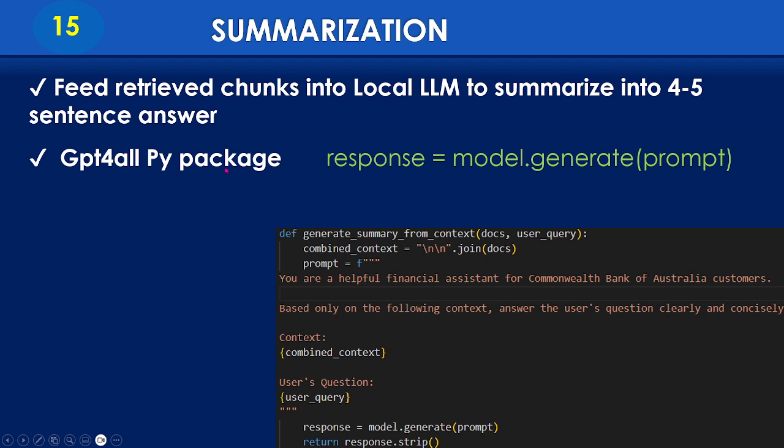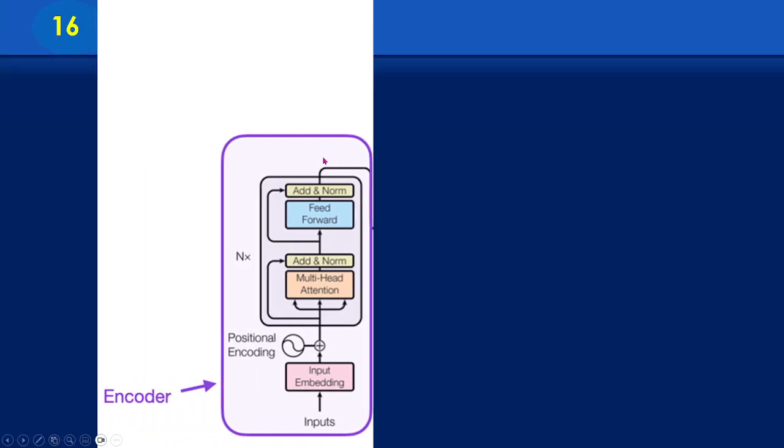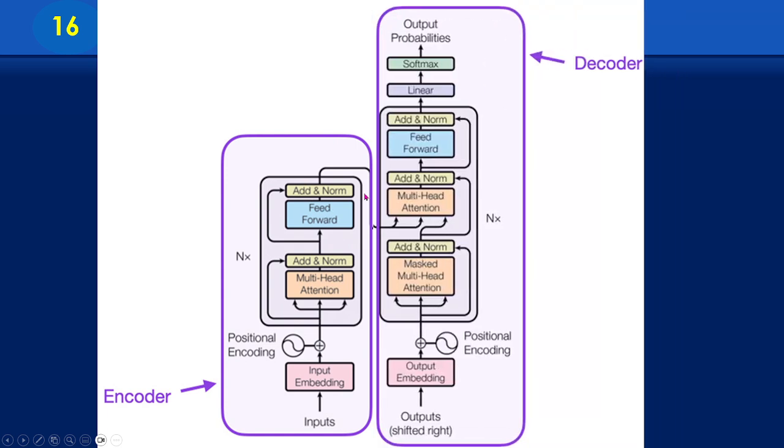One package that will help to generate the response is GPT4All. It generates the response out of the prompt. As you recall, we built the encoder, and now we also built the decoder, very similar to "Attention Is All You Need," but of course we did some tweaks.